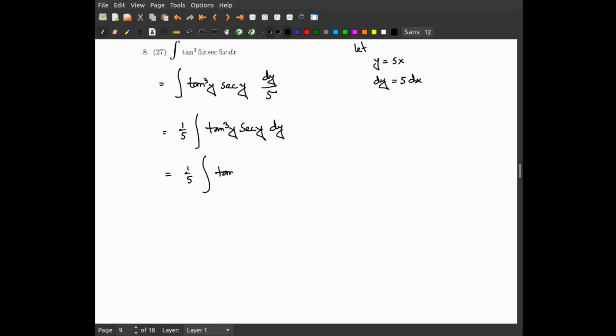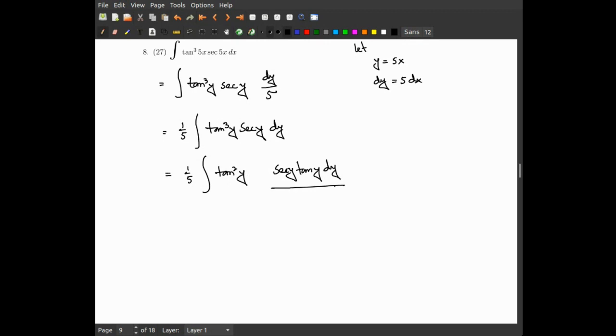So that means I can write tan square y, and that 1 secant y and 1 tangent y is now together with dy. Now this thing will be unchanged. We will not touch it, it will be as it is. The other thing, tan square y, has to be changed into secant.